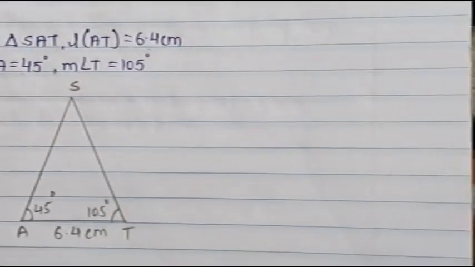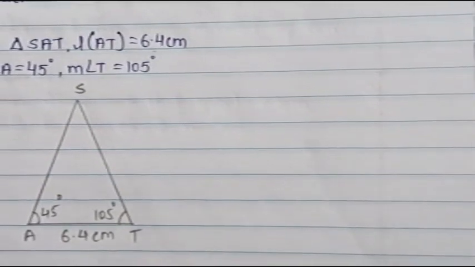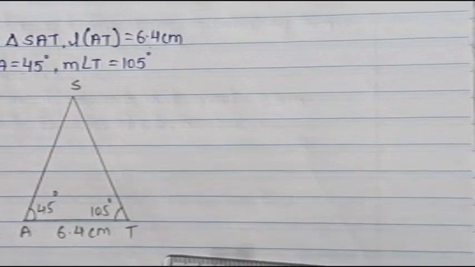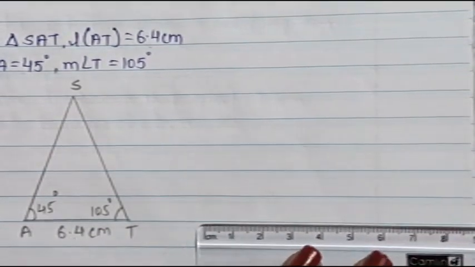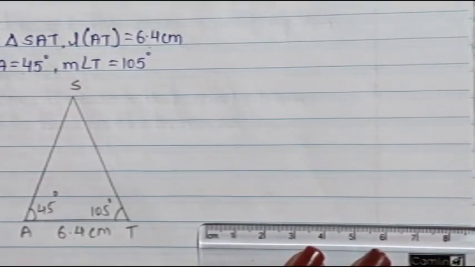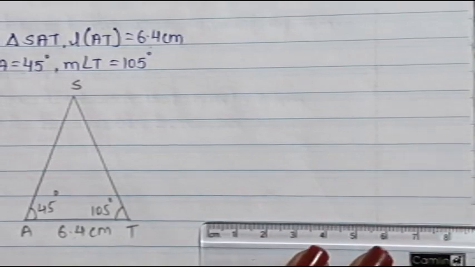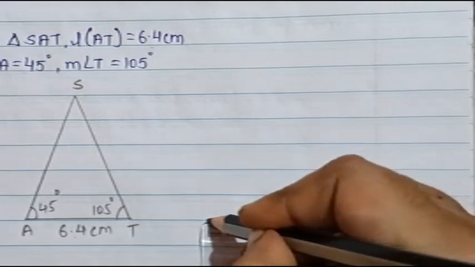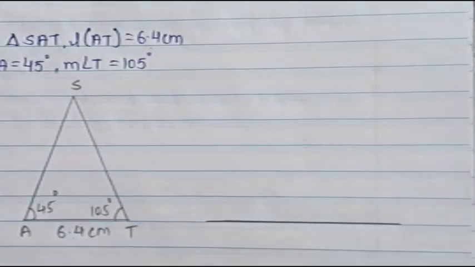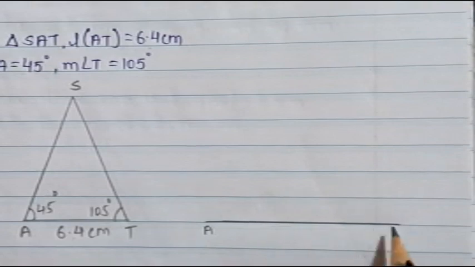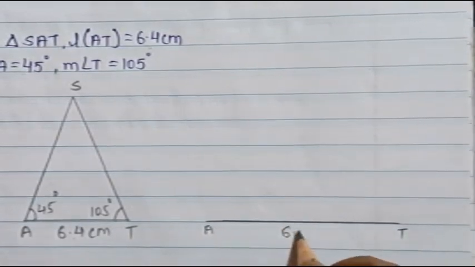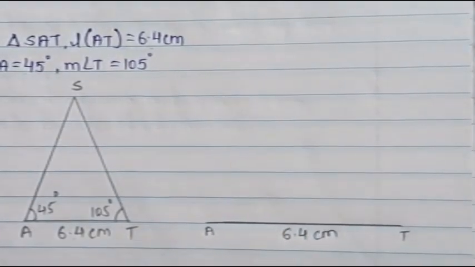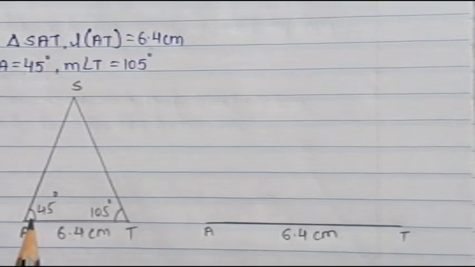Now let us construct it. So first thing is that you have to draw the base, that is AT, that is 6.4 centimeter. So I'll take it here, 6.4 is here. Okay, I'll name it as AT, 6.4 centimeter, right? Then first I'll draw this angle A, that is 45 degree.